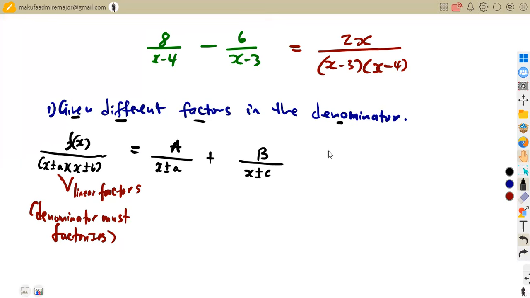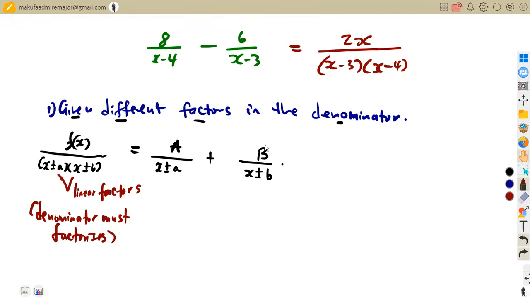If you are given another part, maybe a C, it is going to depend on what you have. Remember, this is an A, this is a B, and this is going to be a C, and so on, depending on the number of brackets in the denominator. How many factors are you having in the denominator? That is the one that you're going to consider.